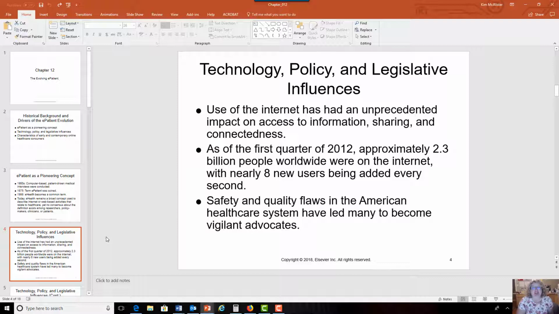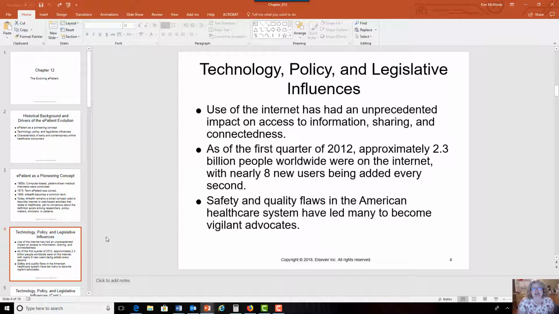Of course, it was very slow at first, but as it sped up and as we began to see things like Google and WebMD and other health information sites, it really took off. By 2012, 2.3 billion people worldwide were online. There's a little more than 8 billion people in the world, so that's a significant portion of the population. And there are 8 new users every second.